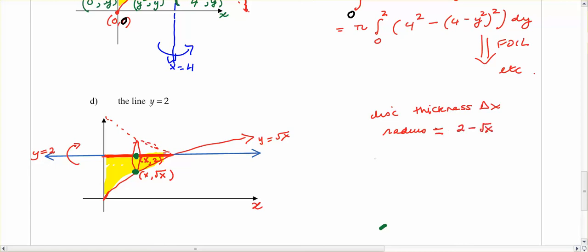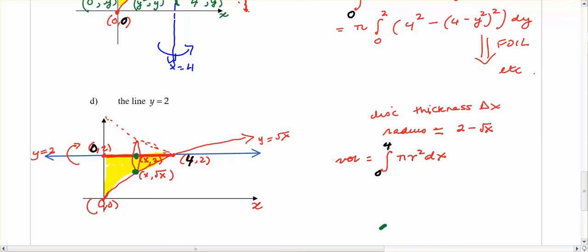Okay, and so my volume is going to be the integral of area of the cross section, which is pi r squared dx. My x's go from 0 to 4.